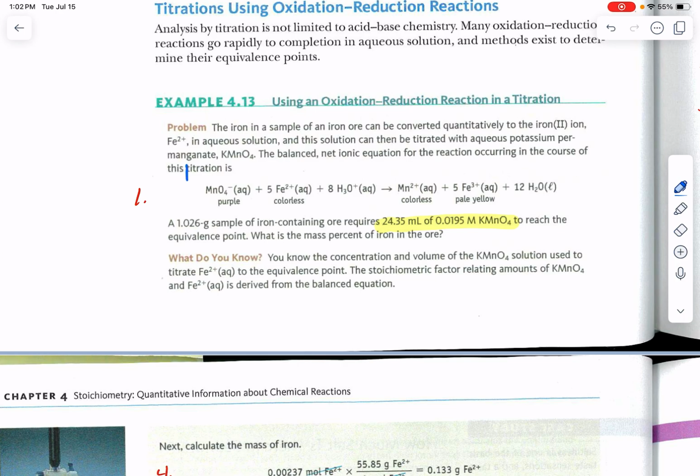My bet is potassium is one of the spectator ions right here. Potassium permanganate was the original substance, and probably iron nitrate was where the iron came from, and also helped to produce the hydroniums in the acid solution.